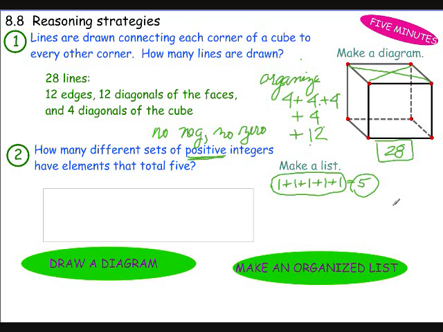I am going to leave the rest to you, and you should come up with 7. Why don't you pause it right now and see what you come up with. When you come back, I'll show you the answer.